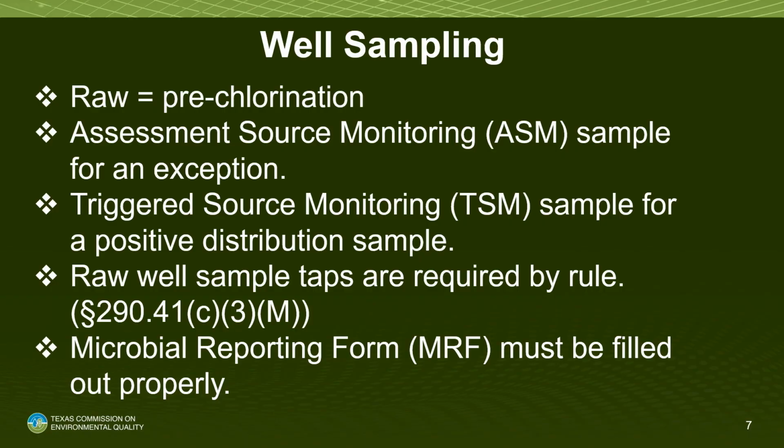easily. So with well sampling, basically raw equals pre-chlorination or pre-disinfectant, right? I mean, it's got to be raw water straight out of the ground. Sometimes when we disinfect wells, if they're not flushed out good enough, then you could have a little residual there, and we'll talk about that on the lab form coming up.